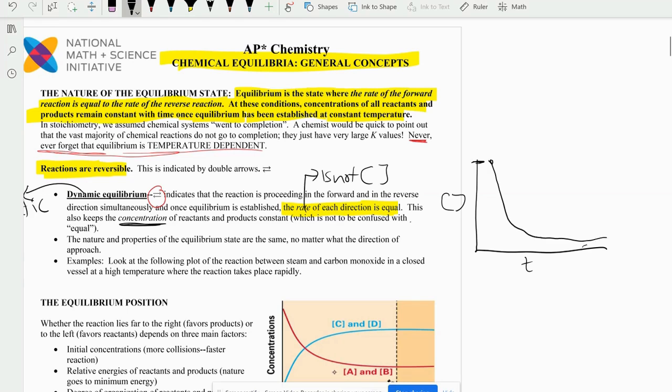Now, if we saw a reaction like this, and let me change my color on my line to make it stand out a little bit more. If we had a reaction that actually went to 100% products, our curve would look like this. So this would technically be a curve of an irreversible reaction, meaning only the forward reaction would be favored.